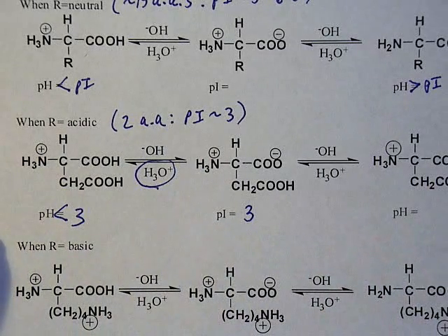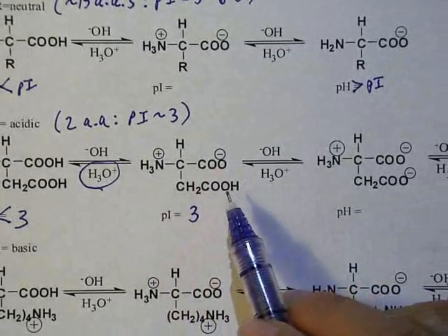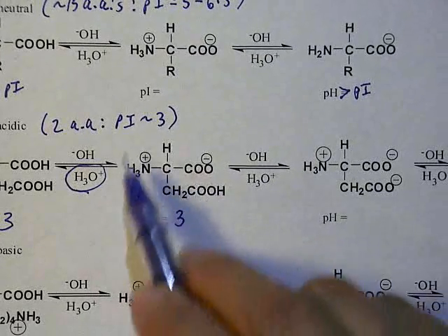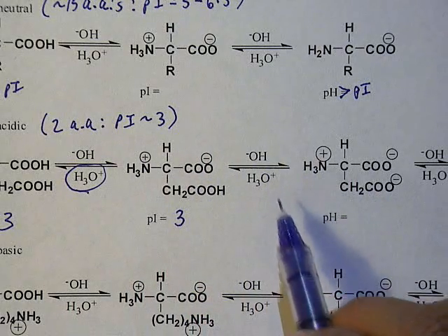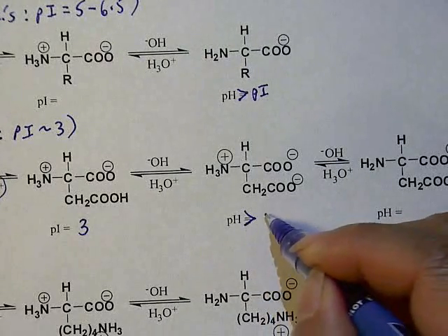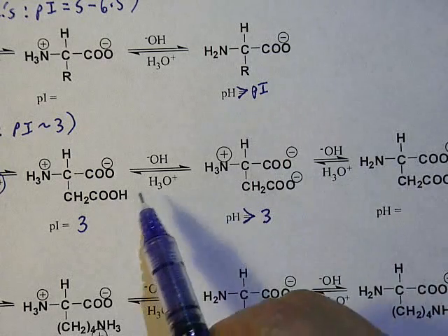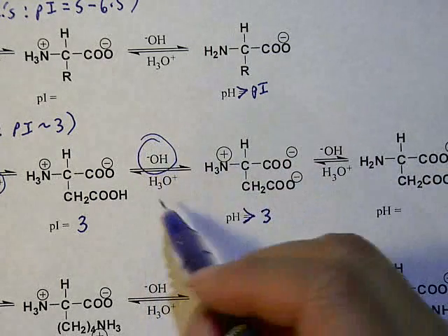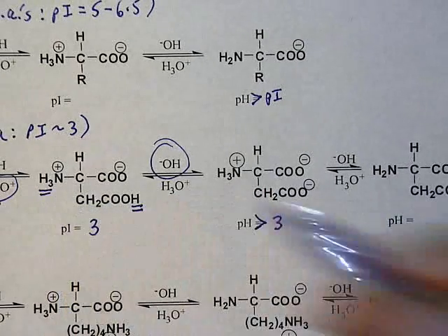And the reason why I talk about the overall charge is because that has impact on electrophoresis, which is what we're going to talk about in a bit. All right. Now we're going to switch gears and say, let's say this aspartic acid is in a pH that is greater than 3. So as slowly as you titrate it, what will happen is, because it's in a more basic environment, this proton is going to be more acidic than this proton, correct?